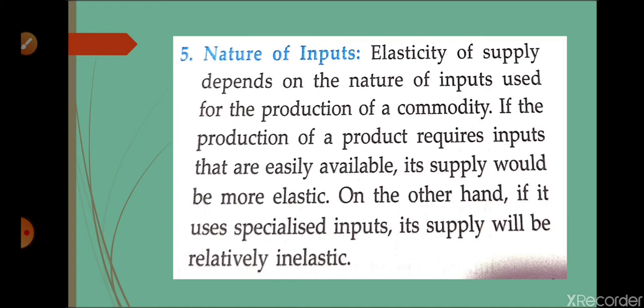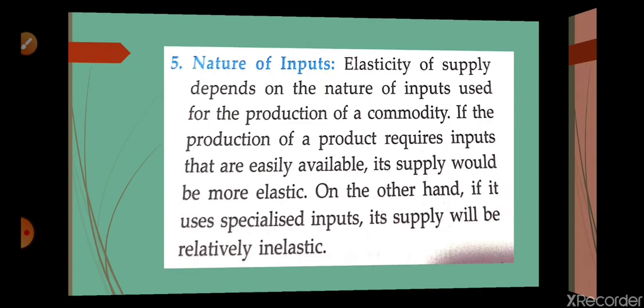And if the producer does not have inputs easily available, then supply will be less elastic. If he needs special skilled workers or special raw material which is not available in that particular area, he has to import from outside, so the supply of the commodity will be less elastic.